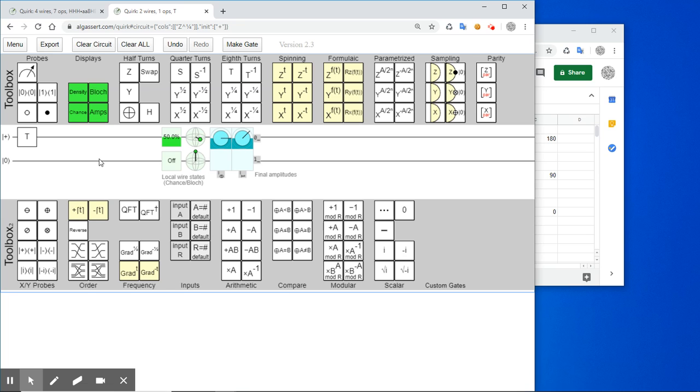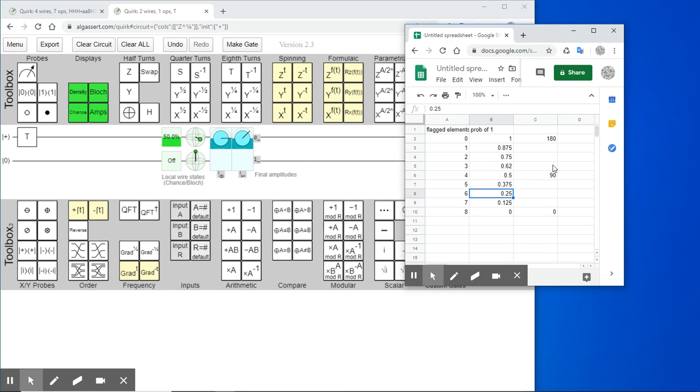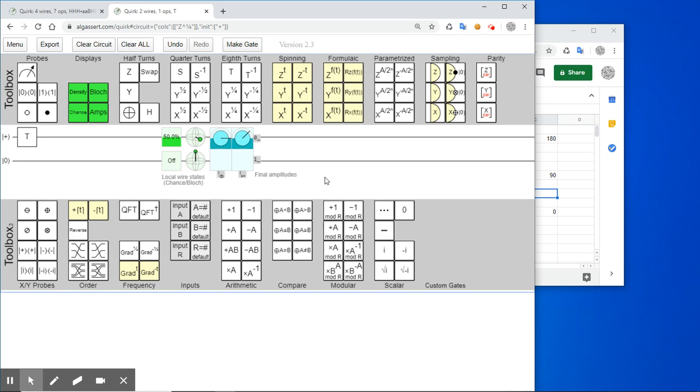So that would be basically proportional, wouldn't it? Why does it tell me 14% probability of measuring 1?